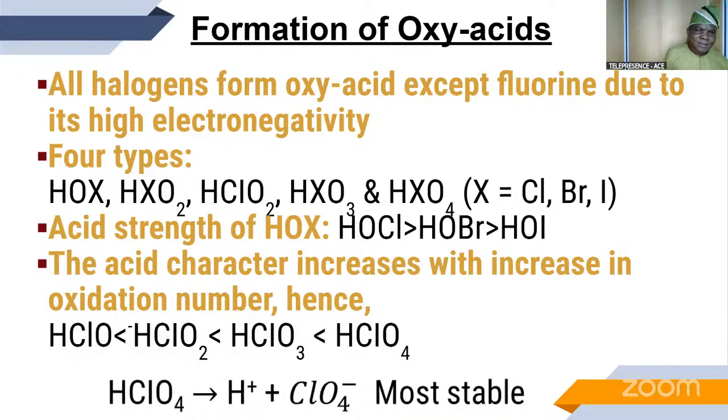So the chalcogens, electronic configuration. I'm just revising. The outer electronic configuration has 6 electrons: 2 electrons in the s orbitals, and 4 electrons in the p orbitals.